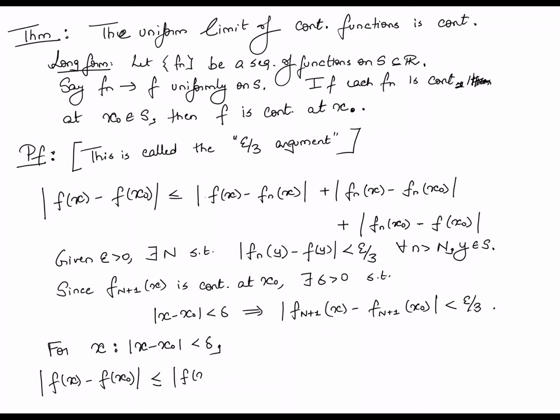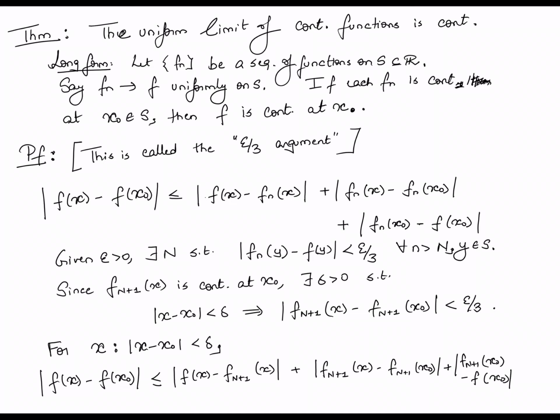So I write it as f of x minus f capital N plus 1 of x, plus f capital N plus 1 of x minus f capital N plus 1 of x naught, plus f capital N plus 1 of x naught minus f of x naught.